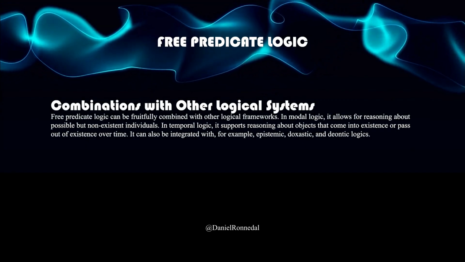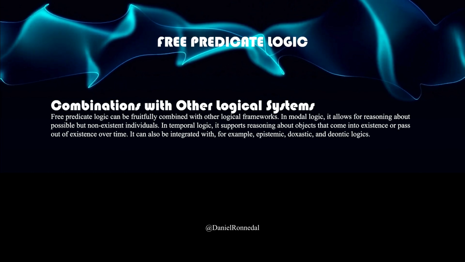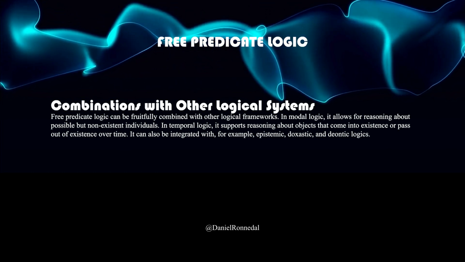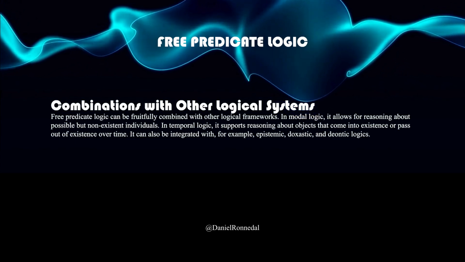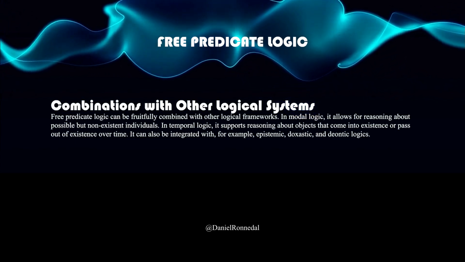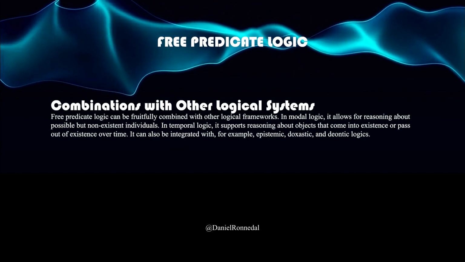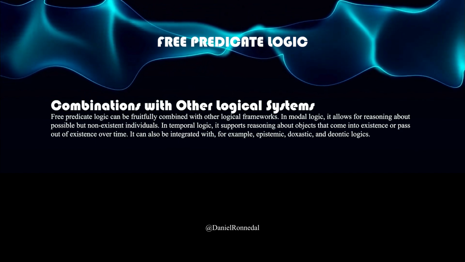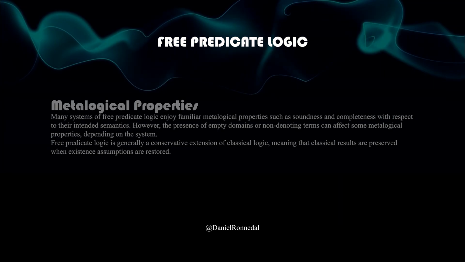Free predicate logic can be fruitfully combined with other logical frameworks. In modal logic, it allows for reasoning about possible but non-existent individuals. In temporal logic, it supports reasoning about objects that come into existence or pass out of existence over time. It can also be integrated with, for example, epistemic, doxastic, and deontic logics.